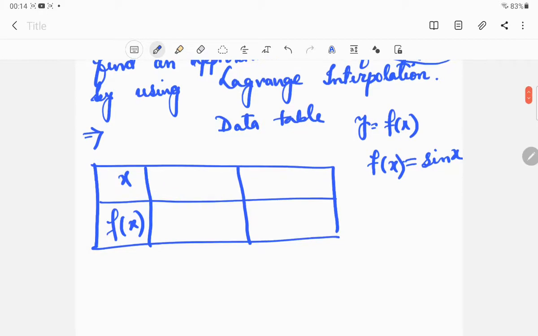Then we have the function, and these are the few things you need to do before proceeding to the formula.